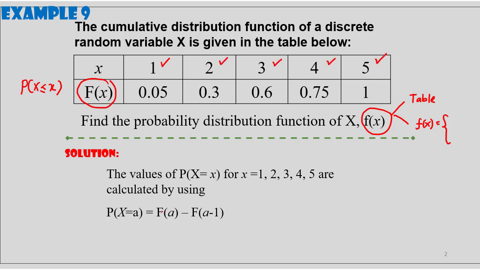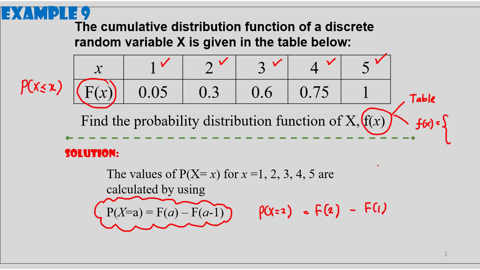Therefore, we use this concept by finding P(X = a). For example, if I want to find P(X = 2), it becomes F(2) cumulative minus F(1). I told you this before, right?